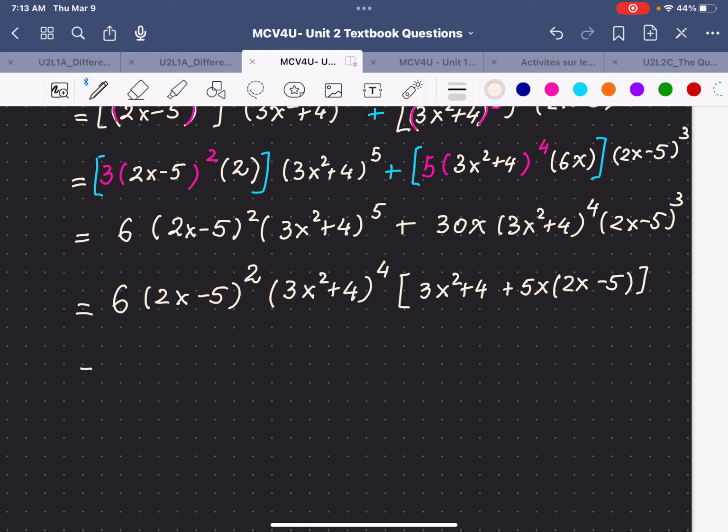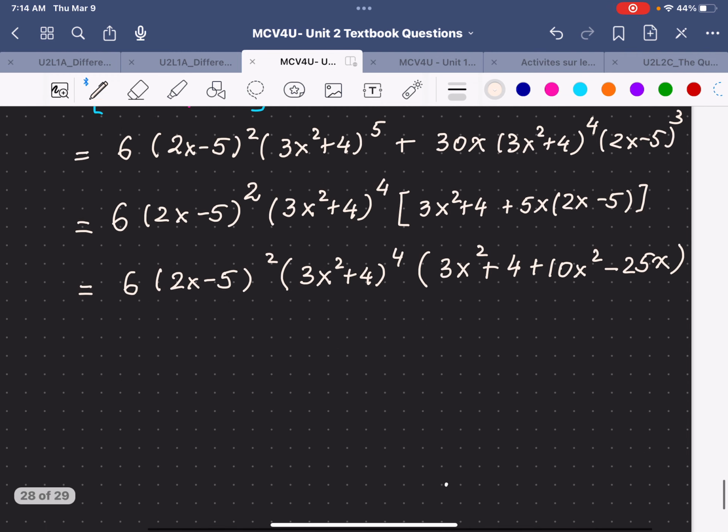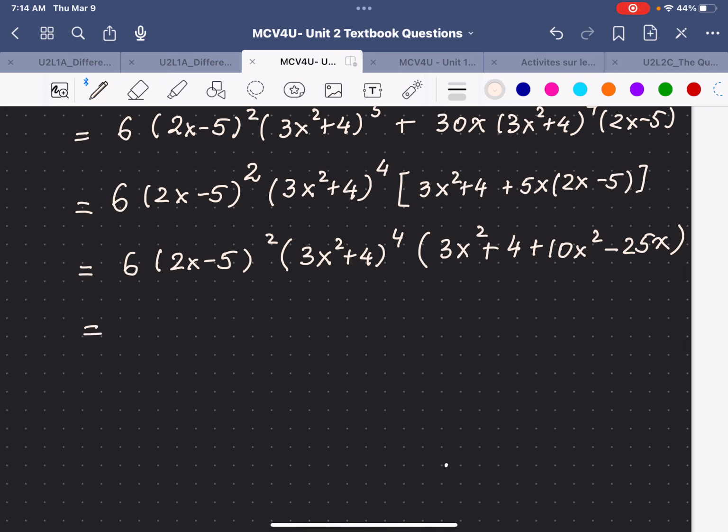And now we'll simplify a little bit more. So we have 6, 2x minus 5 to the power of 2, and then 3x squared plus 4 to the power of 4. Now, inside brackets, we have 3x squared plus 4 plus 10x squared minus 25x inside the brackets. And let's see if we can simplify any further here.